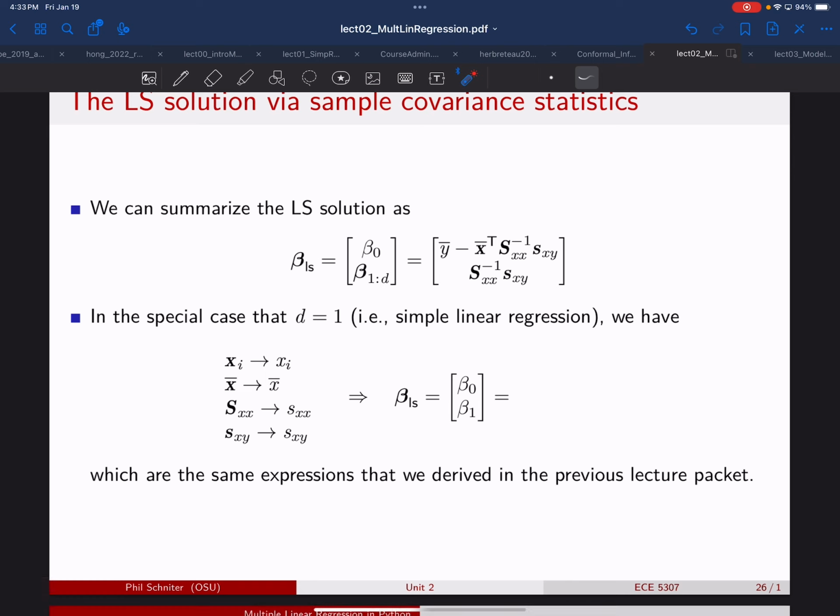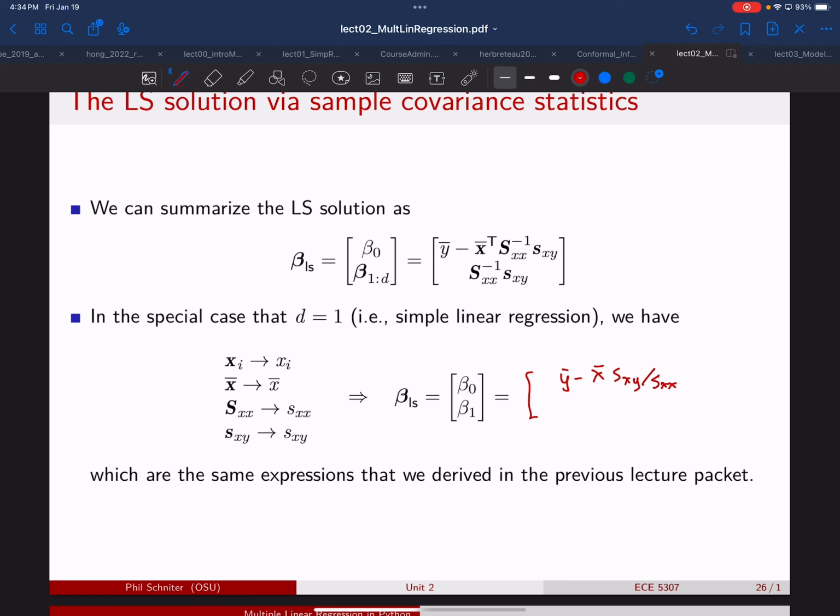This should look kind of familiar to you because in the last unit, we had a special case of this where we had a single feature. And in that case, we would have the beta having just two coefficients, beta 0 and beta 1. And we derived an expression where the top one was y bar minus x bar sxy divided by sxx.